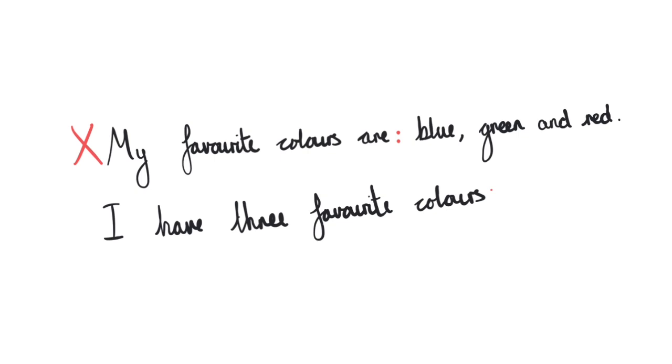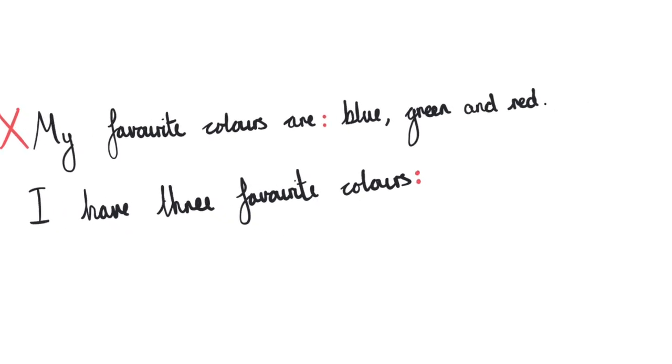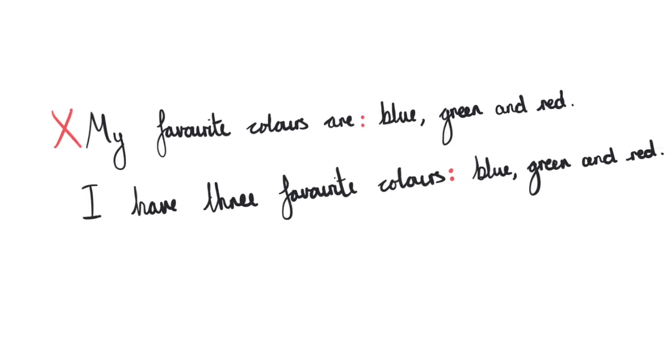Then I could use my colon because I'm going to tell you what those three colours are: blue, green, and red. Now that would be the correct use of a colon.